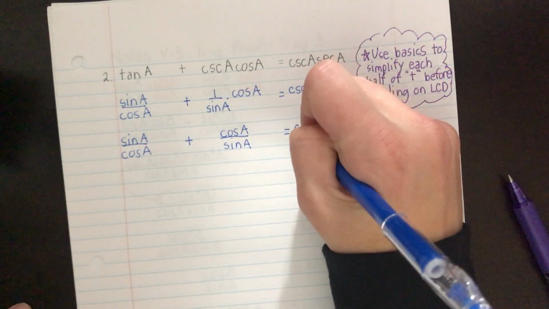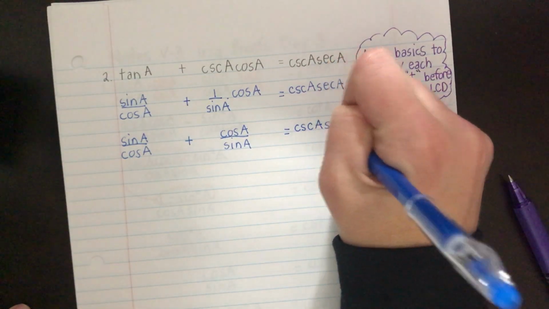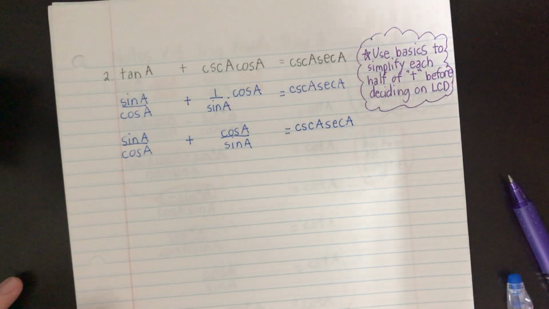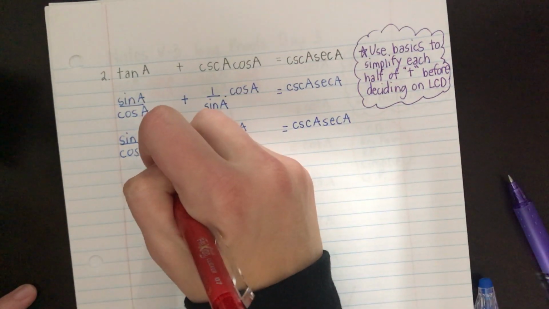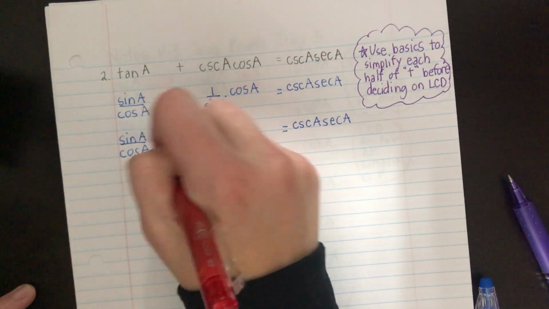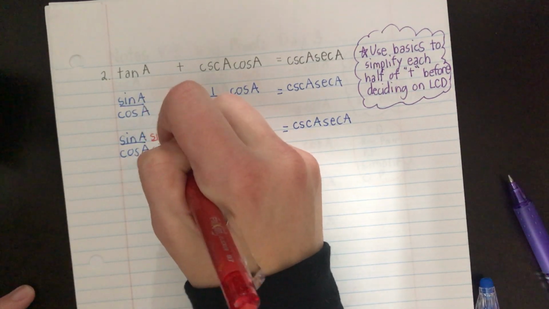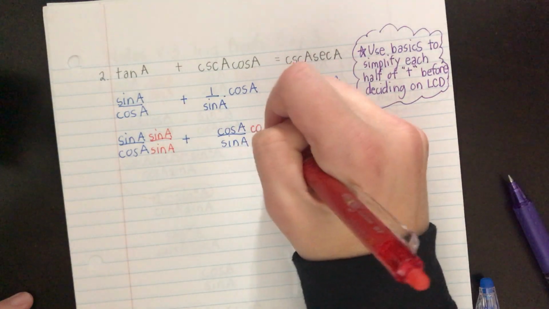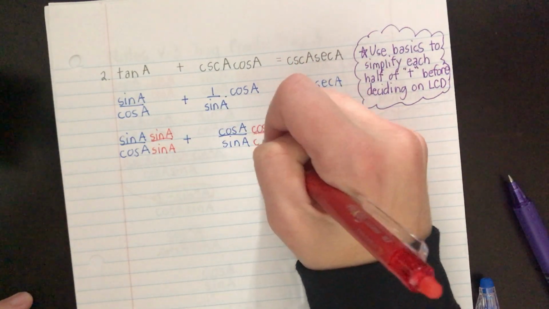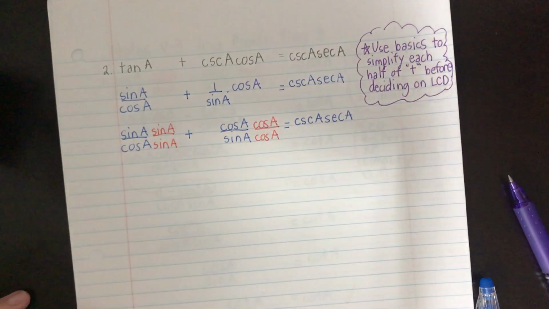So equals cosecant of A, secant of A. Now it's pretty clear that I need to multiply this by sine of A over sine of A to get that LCD, and this by cosine of A over cosine of A.